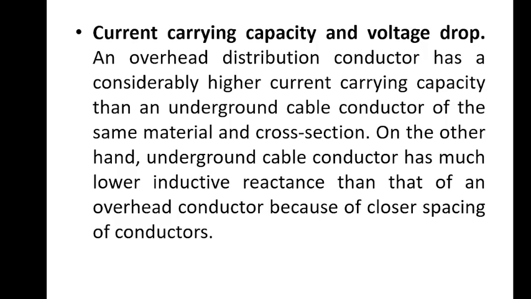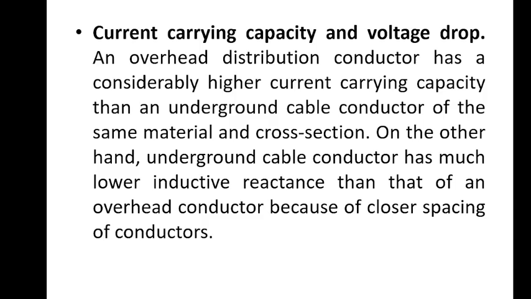This enables them to carry more current for the same conductor size compared to underground cables, because we are putting underground cable under the ground, so dissipation of the heat of the cable is more difficult. That's why less current will pass through the underground cable in comparison to overhead cables.